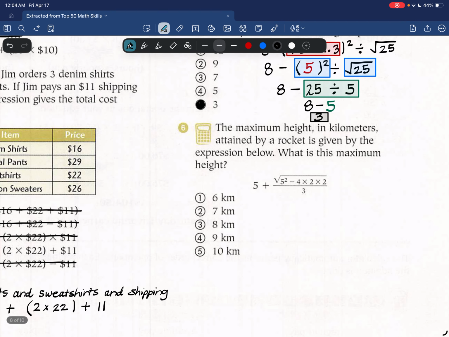Don't panic. Number 6, you may use a calculator if you need it. The maximum height in kilometers attained by a rocket is given by the expression below. What is this maximum height? So I'm going to copy the problem so that I can work with it. I'm not changing anything.